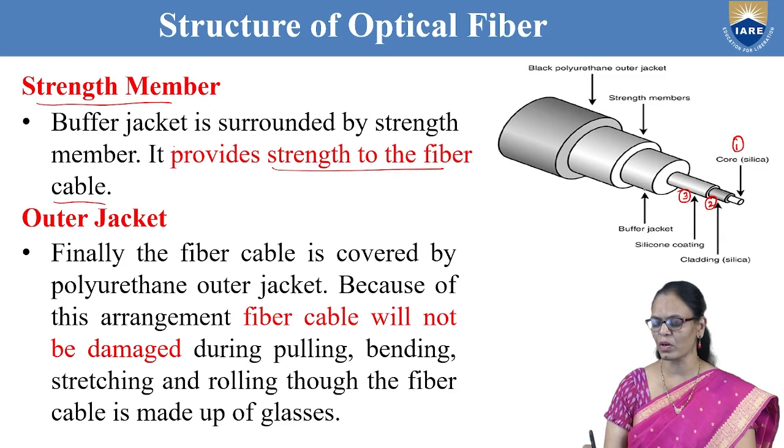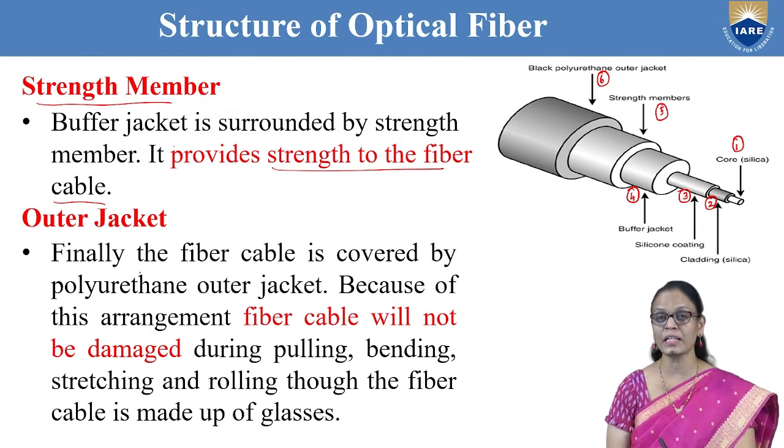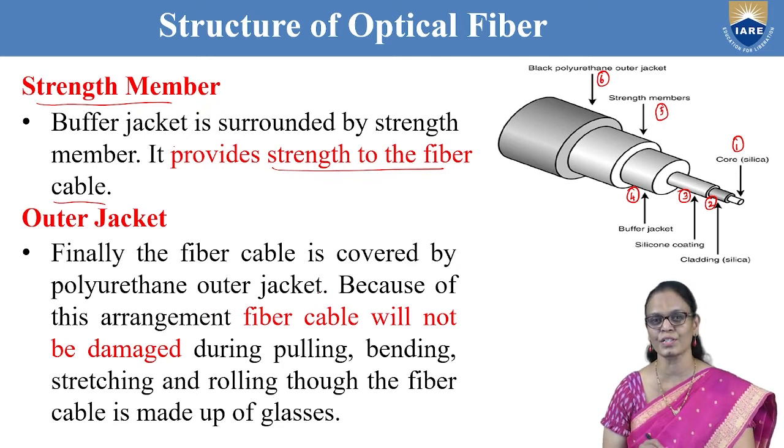So after the silicon coating, we have the buffer jacket. And now we are talking about the strength member, which provides strength to the fiber. And after the strength member, we have an outer jacket, which we call a black polyurethane outer jacket. So finally, the fiber cable is covered by polyurethane outer jacket.